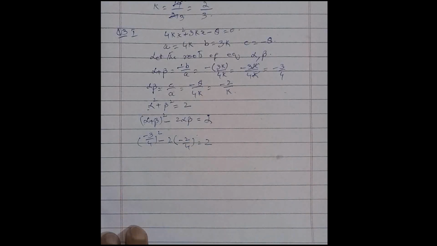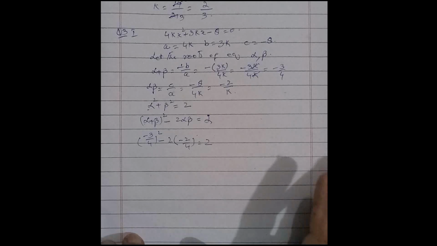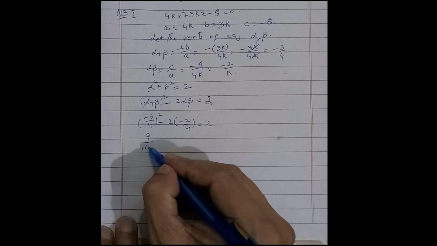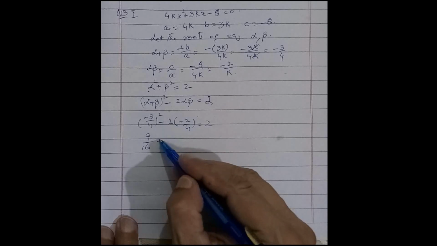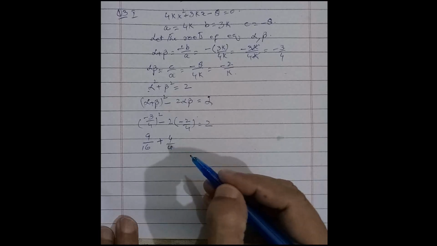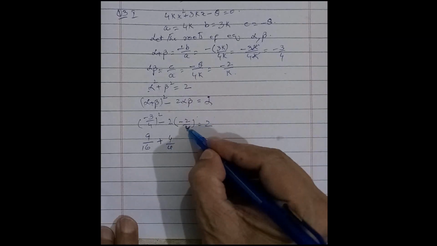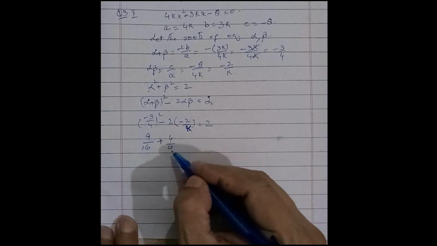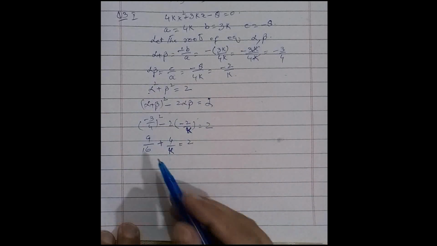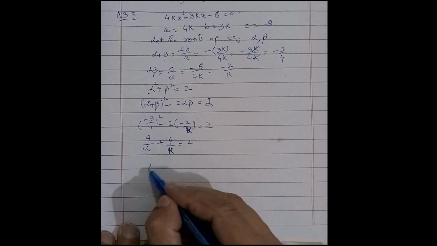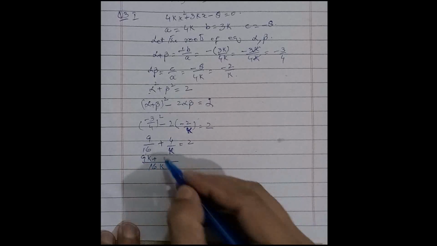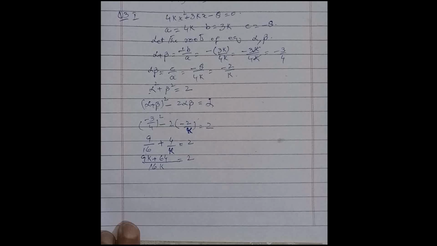Now we simplify these values. We get 3 square is 9, 4 square is 16, and minus multiplied by minus gives plus, 2 twos are 4 over k, so 9 over 16 plus 4 over k is equal to 2. Now we take the LCM, 16k, and we get 9k plus 64 over 16k is equal to 2.